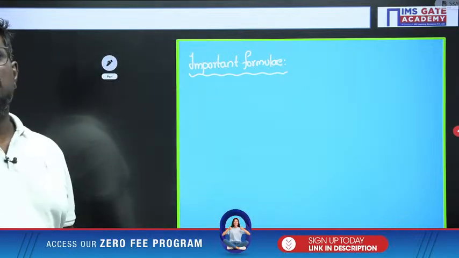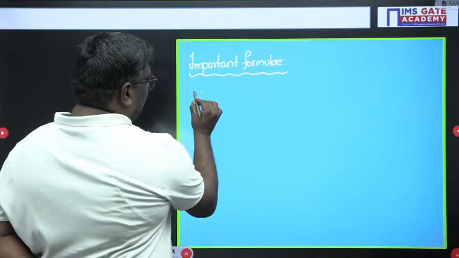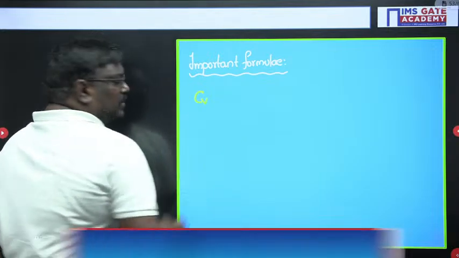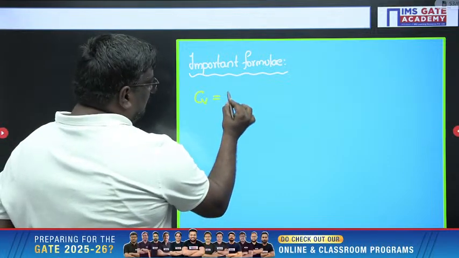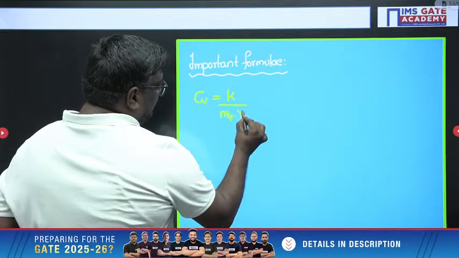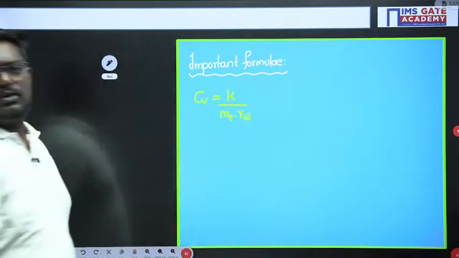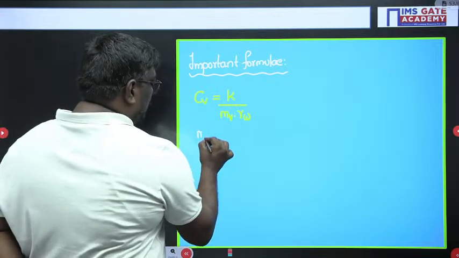First we have the coefficient of consolidation. Coefficient of consolidation Cv is given as k upon mv into gamma w. What is k, sir? Coefficient of permeability. What is mv? Coefficient of volume compressibility.